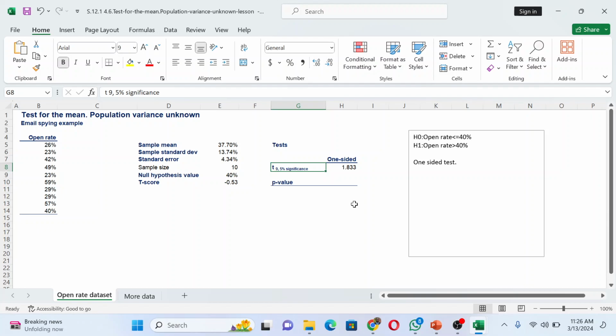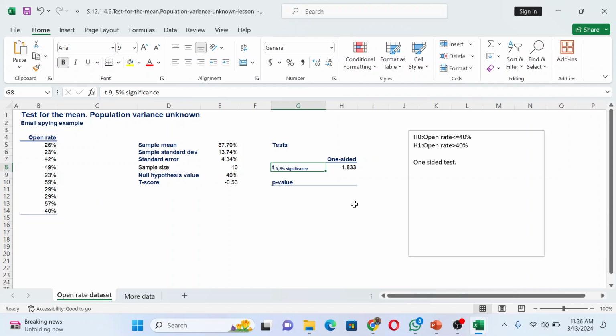That's why we have carried the entire 5%, which is 0.05. We haven't divided so that it becomes 0.025. You see that this 1.833 is at 0.05. Why have you not taken the value at 0.025? Because it is a one-sided test.